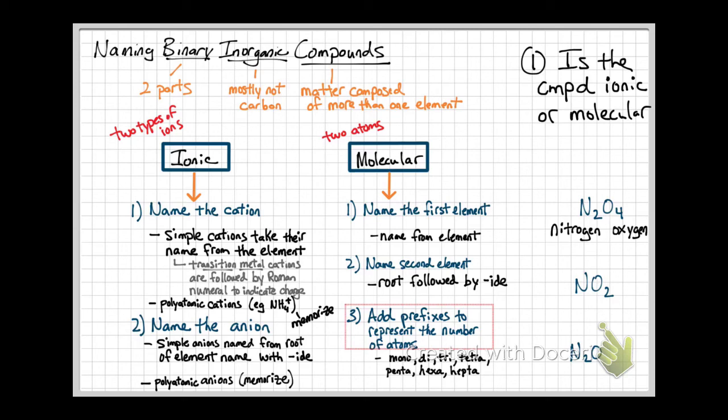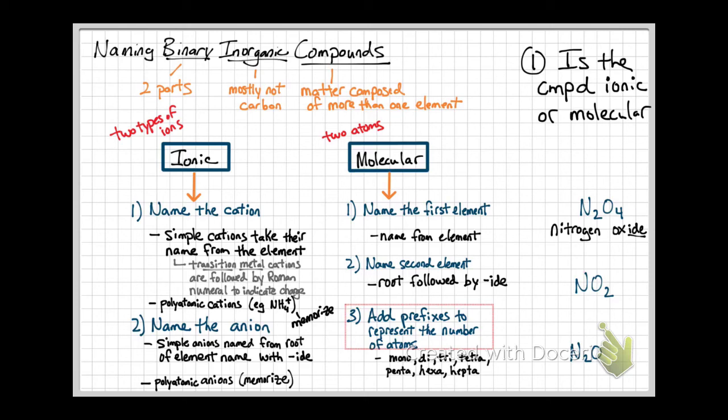We remove that latter part and add IDE, oxide. So nitrogen oxide. So we've done the first two steps. Name the first element, and then name the second element based on the root of the element name followed by IDE. And then lastly, we're going to add the prefixes to indicate the number.